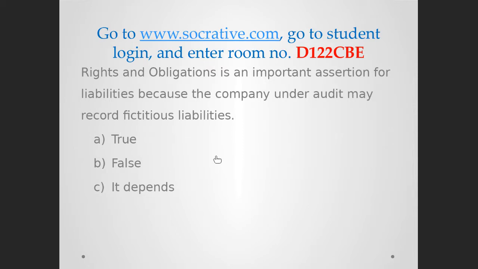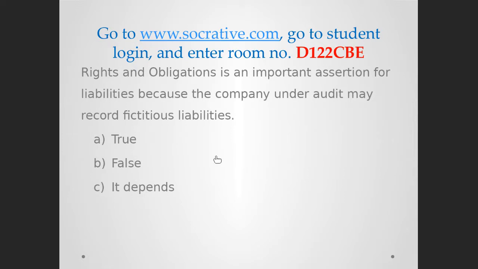They may not collect on them, but the payables are a negative thing, and you're not going to find the client is careful about not recording them, right? That is correct. Obligation does go with liabilities, and the concern of having obligations recorded that actually do not exist is rare. Okay, you're not going to find them recording payables and no loans and things like that.